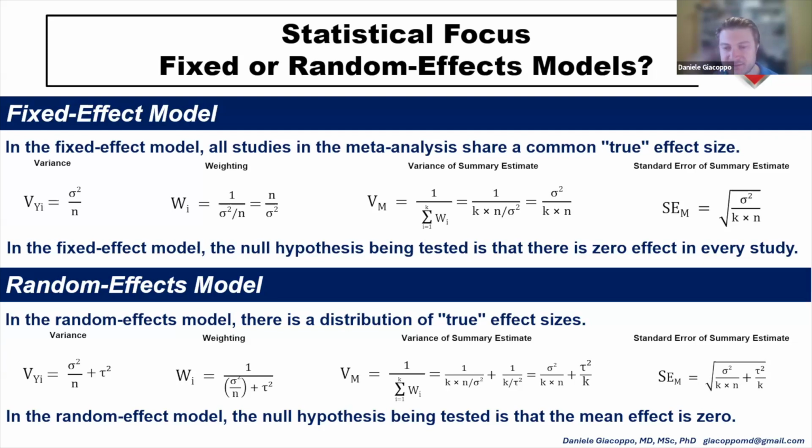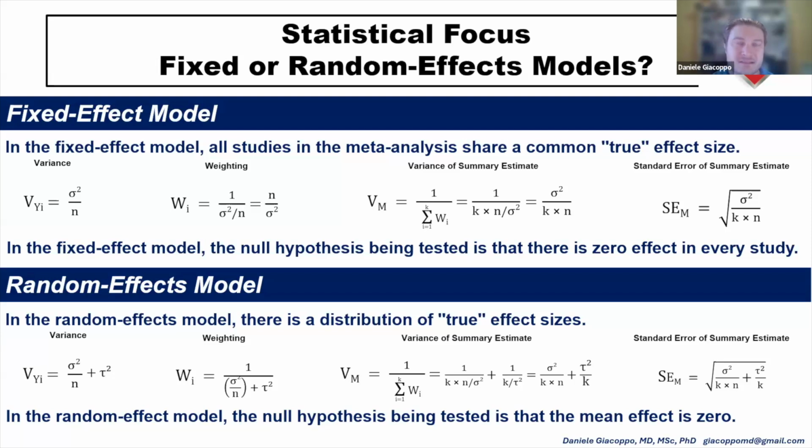No, the effect is 0, is common. With respect to the random effects model, we have a distribution of true effect sizes across the studies, and we are going to have a mean of the effect size as a summary estimate, assuming that we have these values in a random sample of possible effects.